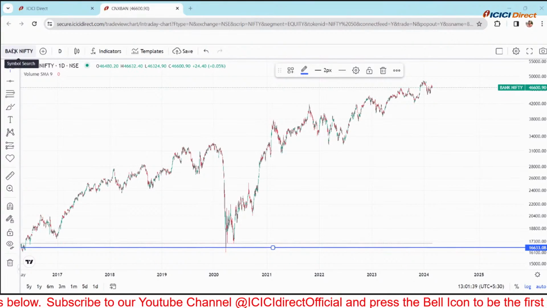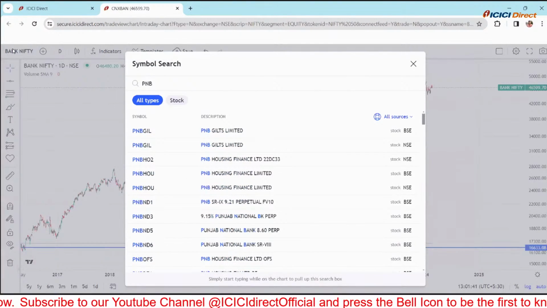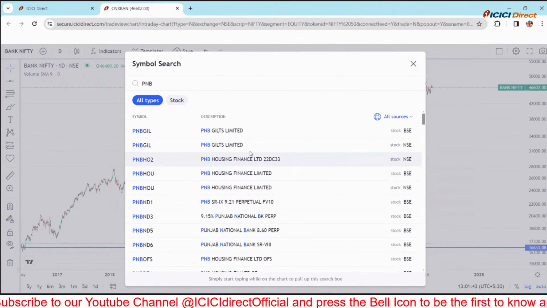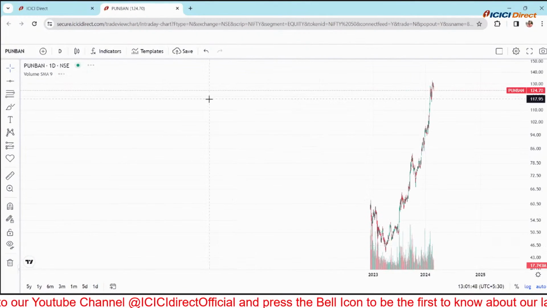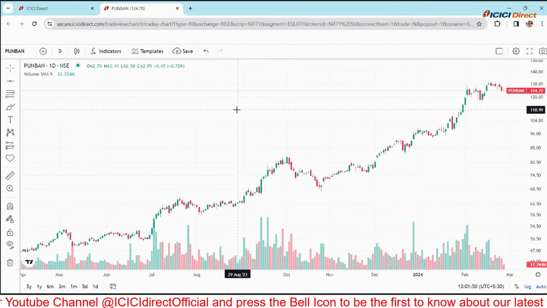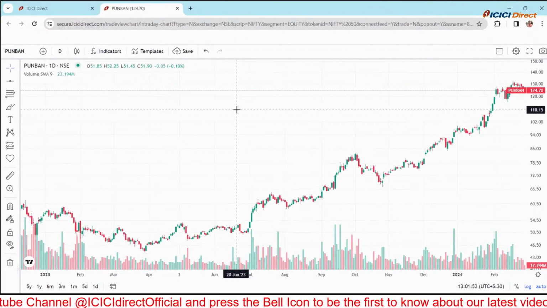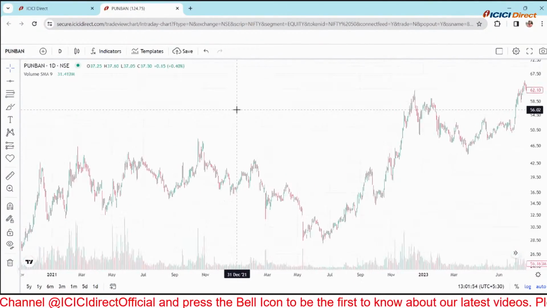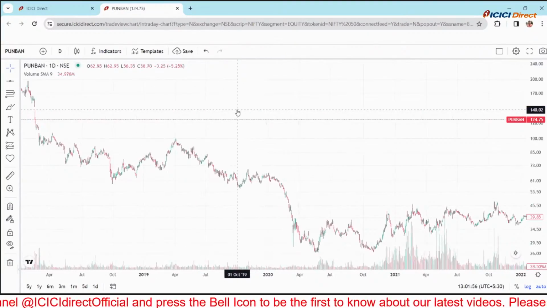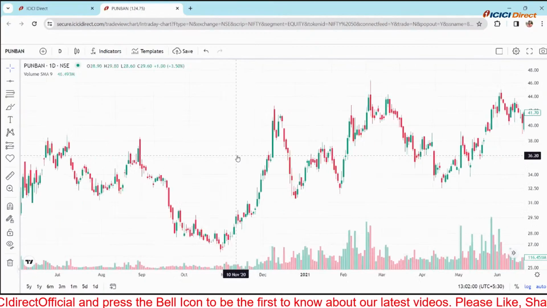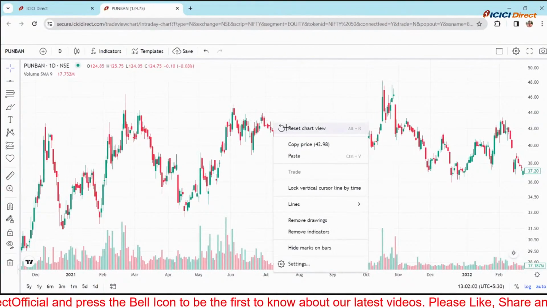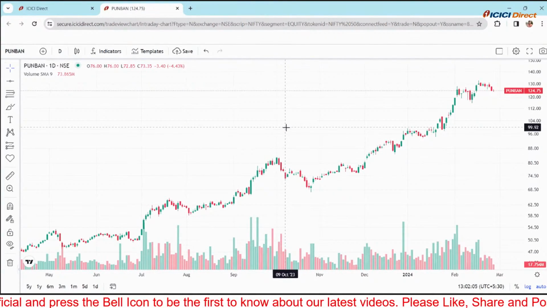Okay, Chandan says PNB. Interesting. I'll take PNB. Punjab National Bank. Let us see if we can find one. We need a downtrend. So we'll go to that 2020, 2018, 2019 level. We'll start from recent lows only.